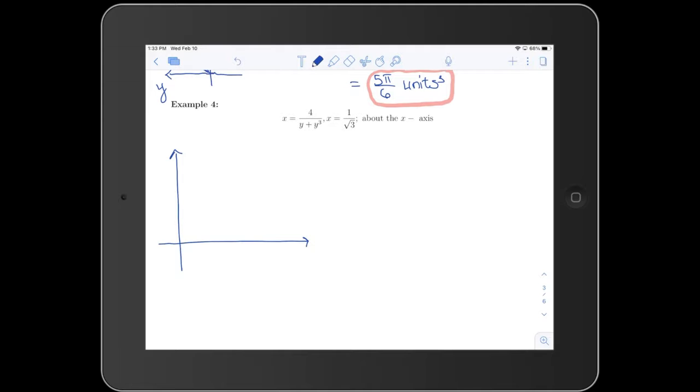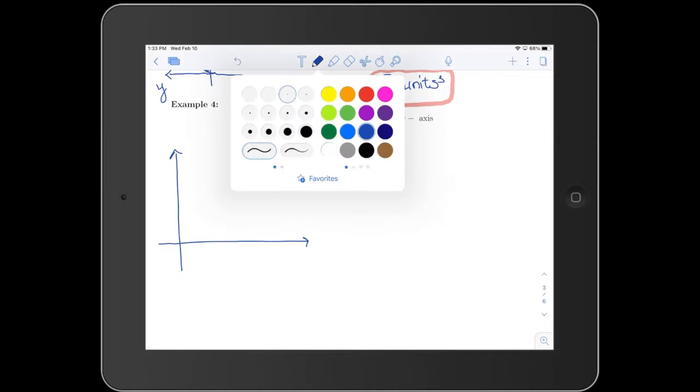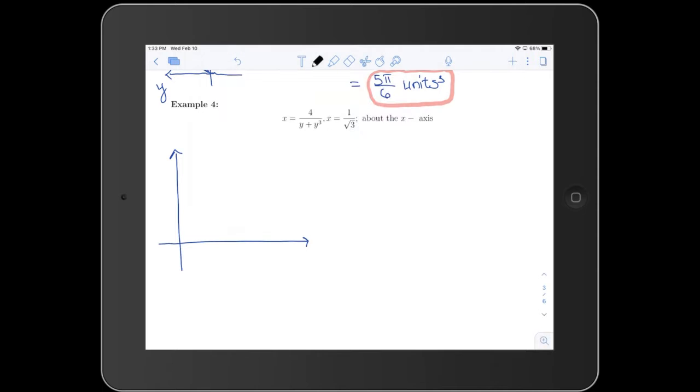Okay, so what do we have here? Oh, I'm missing one of the functions. So I'll go ahead and add a function y is equal to 1. Somehow it's not in the notes here. Okay, so we have x is equal to 4 over y plus y cubed. For that one we should use a graphing utility to sketch, and you're going to get something like this.